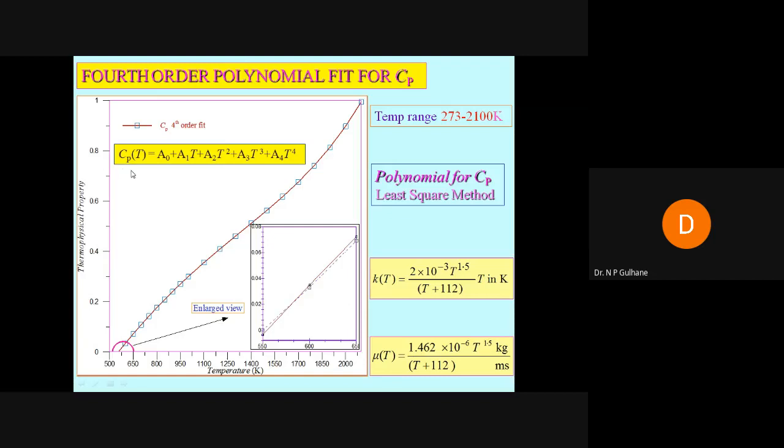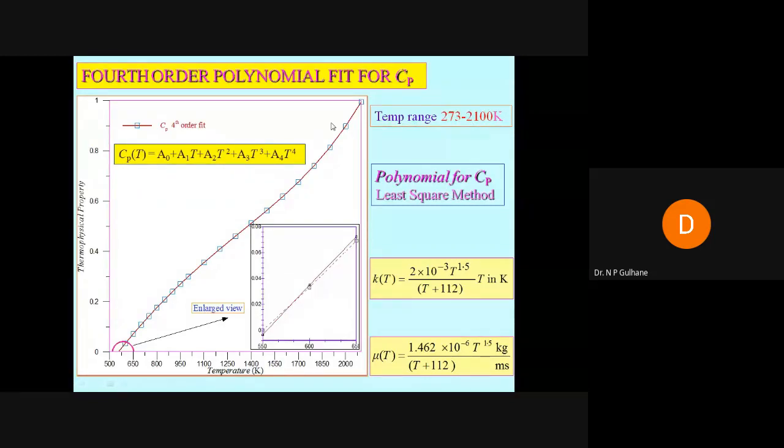This is called a fourth order polynomial fit for the Cp value. It is a fourth order fit for the temperature range of 273 to 2100 Kelvin. We cannot go beyond this value because dissociation of air molecules will take place, and then we cannot capture the change. So up to the dissociation temperature, we can take a temperature range for the air.